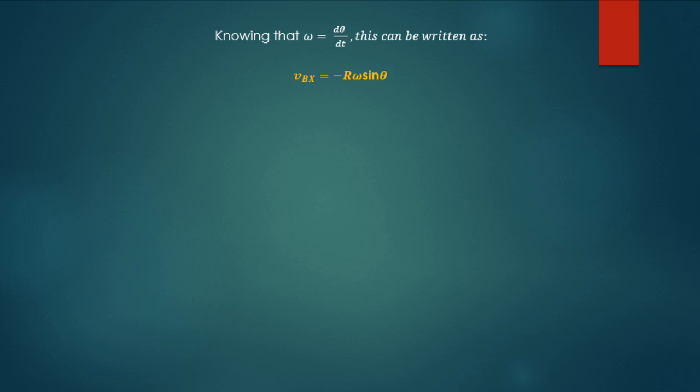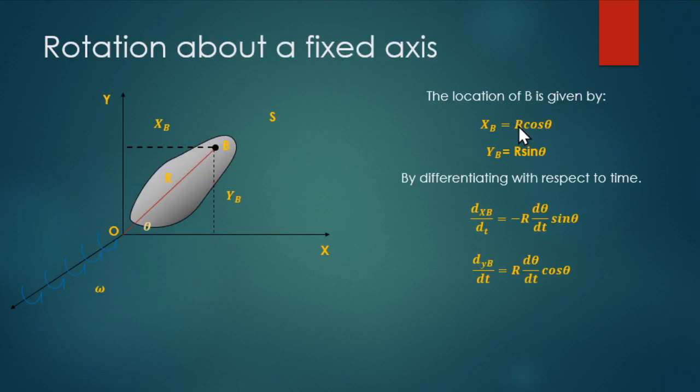The derivative of this location is the velocity of this particular point B. So we have v bx is equal to negative r, and d theta over dt is omega, sine theta.